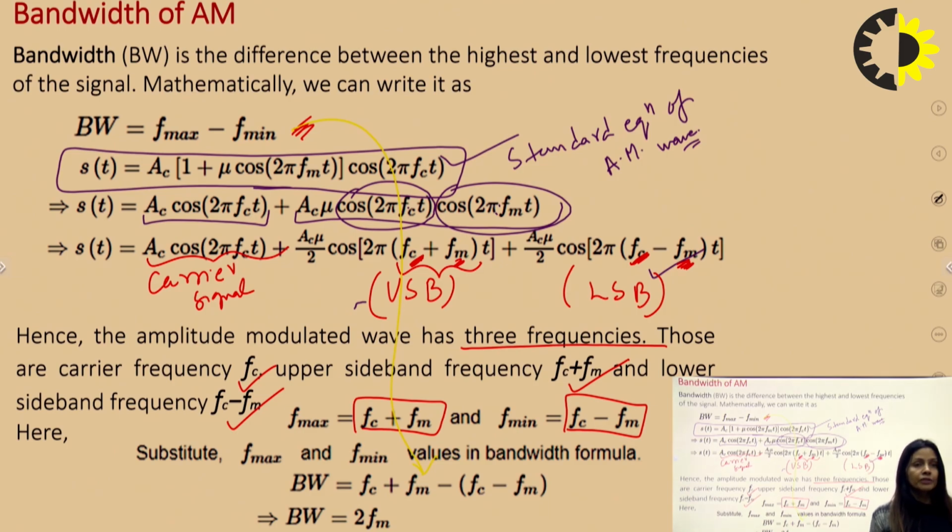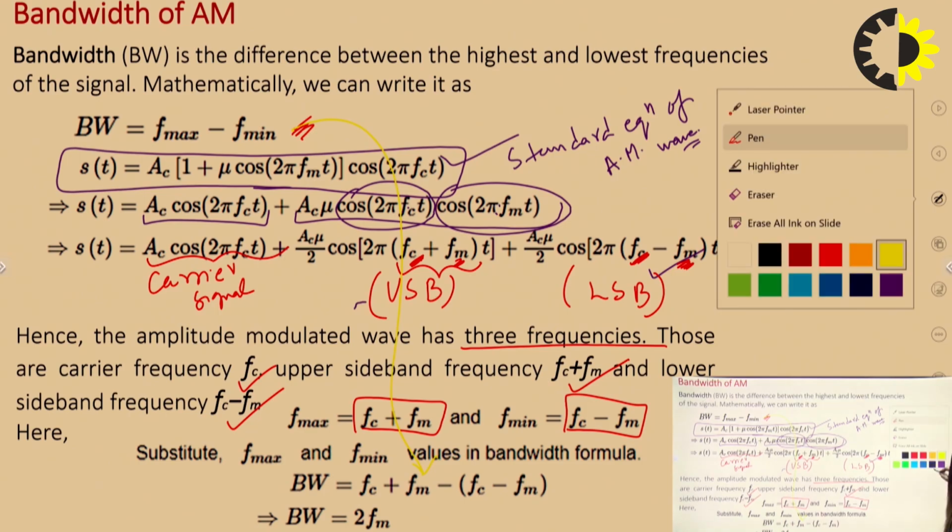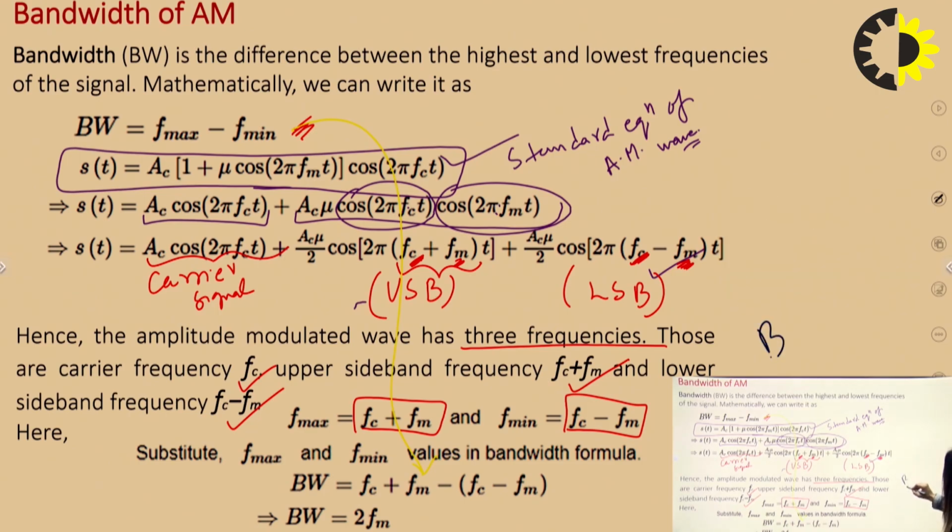The bandwidth of the AM wave is 2 FM, right?